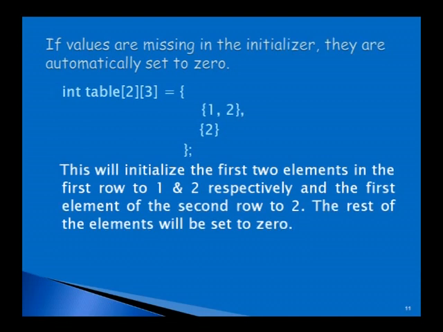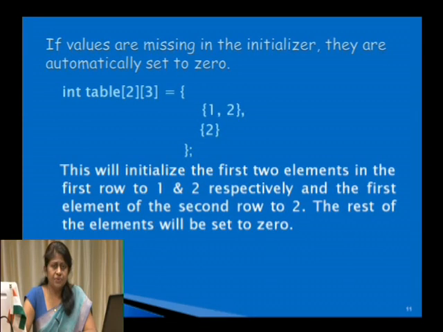Suppose we are not giving certain values as initializers, then as in the single dimensional array, the other values will be set to 0. So, by default, if some of the values are missing in the initialization, those will be automatically set to 0.